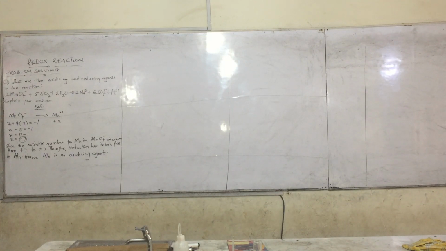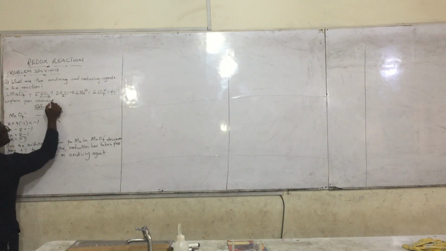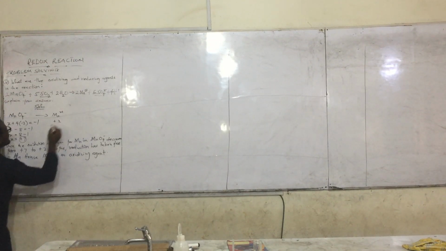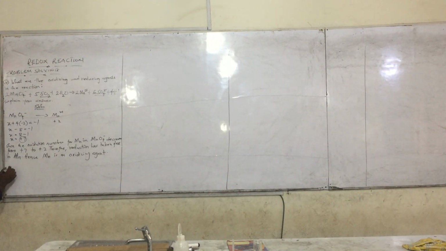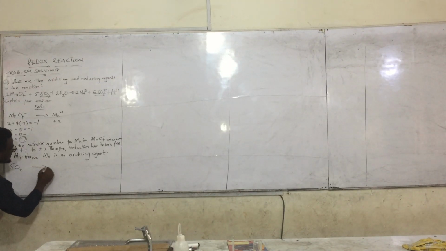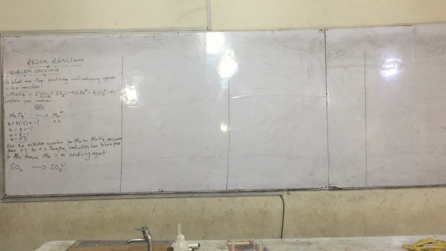Now let's make the next. This time I'm going to take S and then that. So we have SO2 producing SO4 2 minus. Now we want to check the oxidation numbers for the central atoms. In SO2, the central atom is S, sulfur.